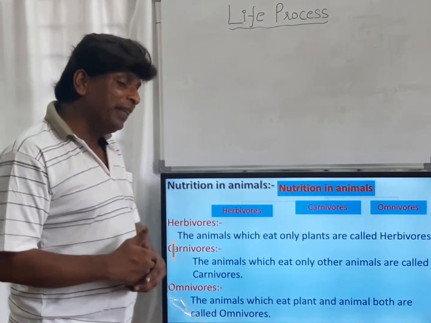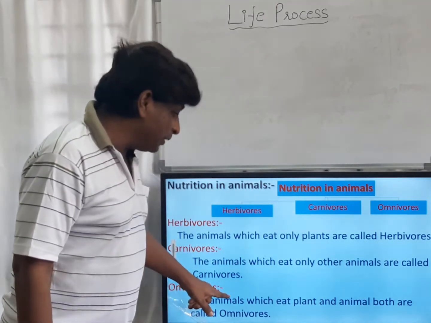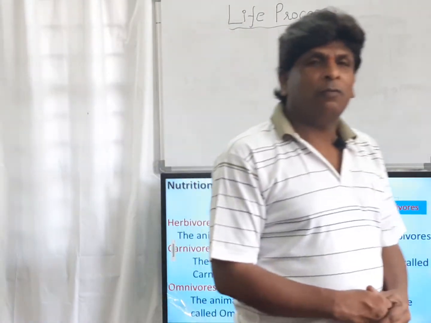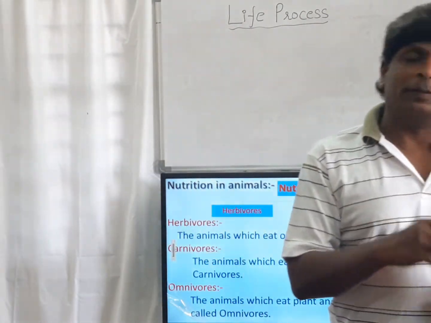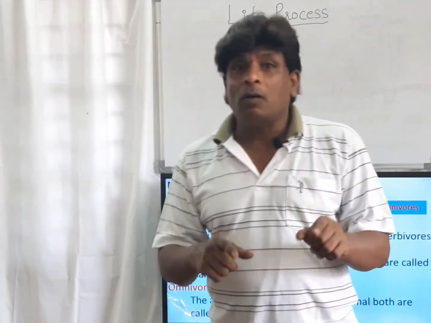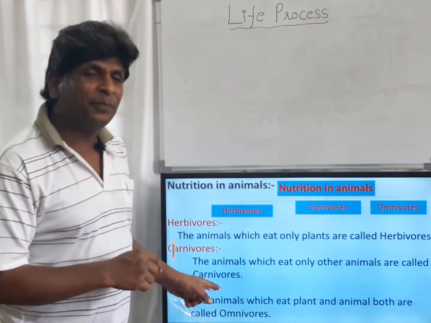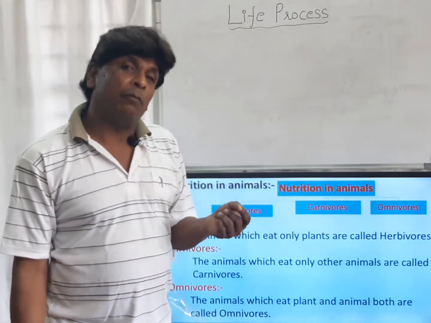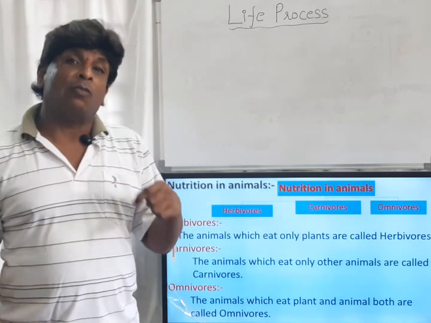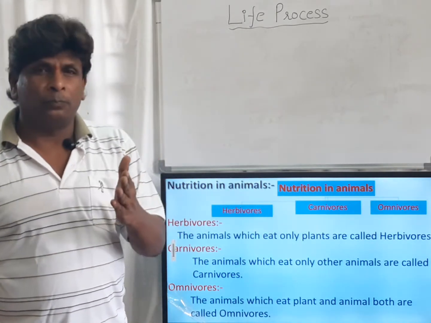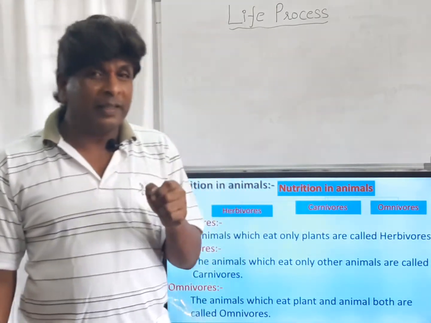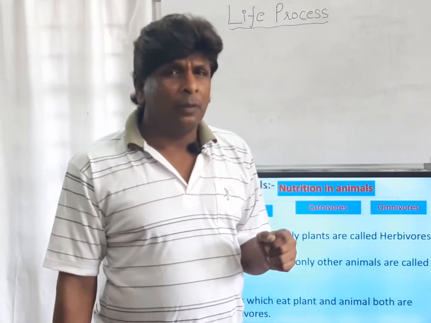And next, omnivorous: the animals which eat both plants and animals. For example, dog, cat, man, human being. These are all omnivorous because they eat vegetarian and may also eat non-vegetarian food.